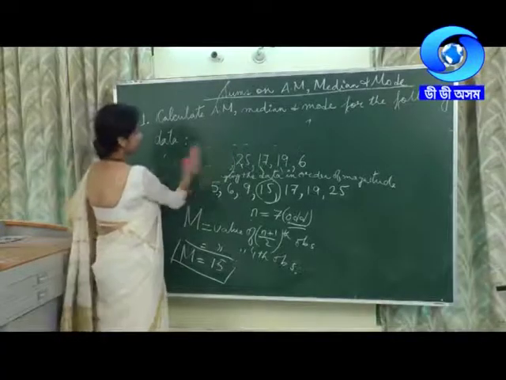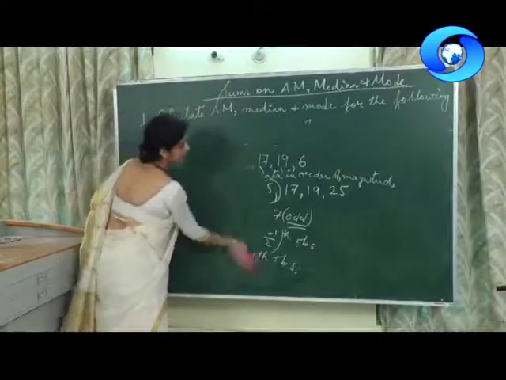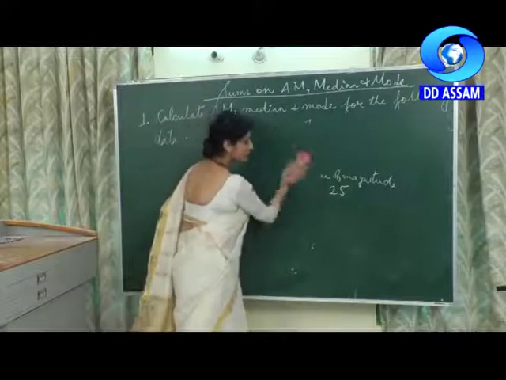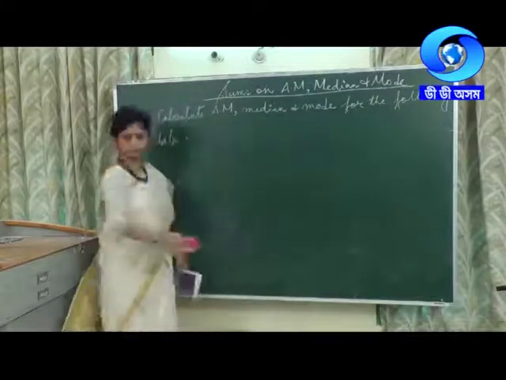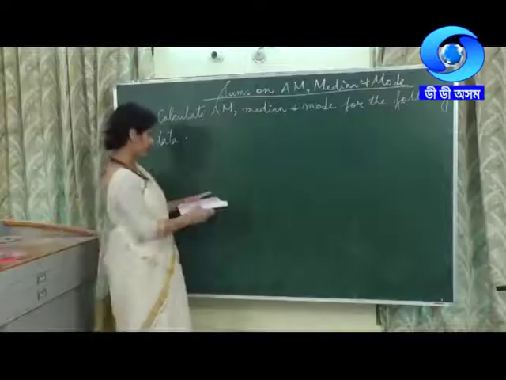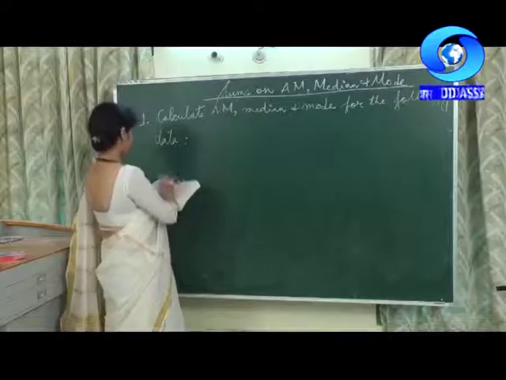All right. Now we shall take up the case when you have a discrete frequency distribution given to you. Supposing you have a distribution like this, where x and f are given to you.